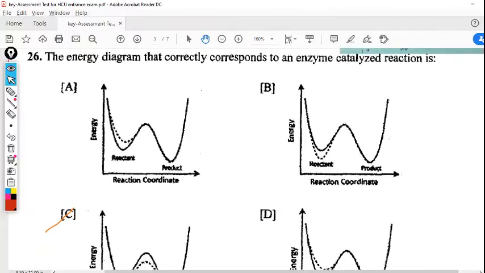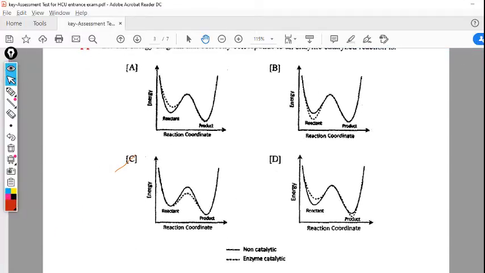So next, the enzyme catalyzed reaction. Basically it is concept oriented. Enzymes catalyze or enhance the reaction by decreasing the energy of the intermediate or activated complex.